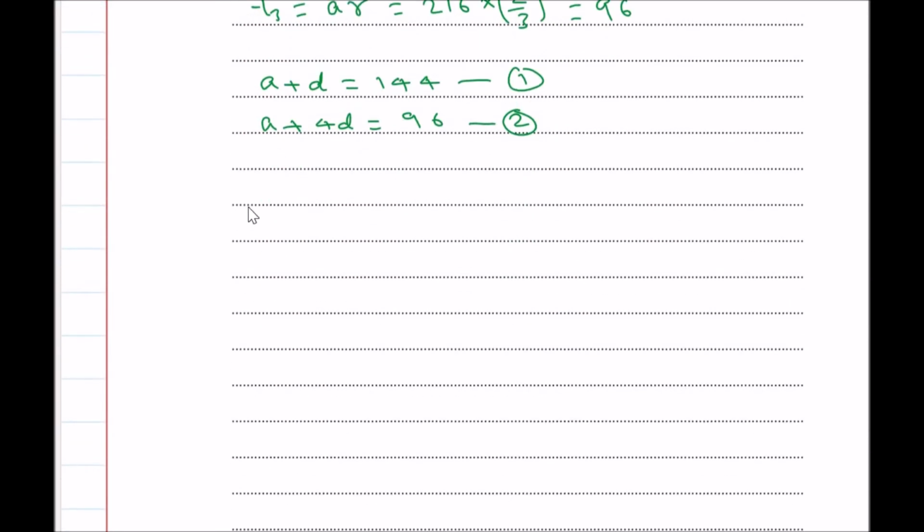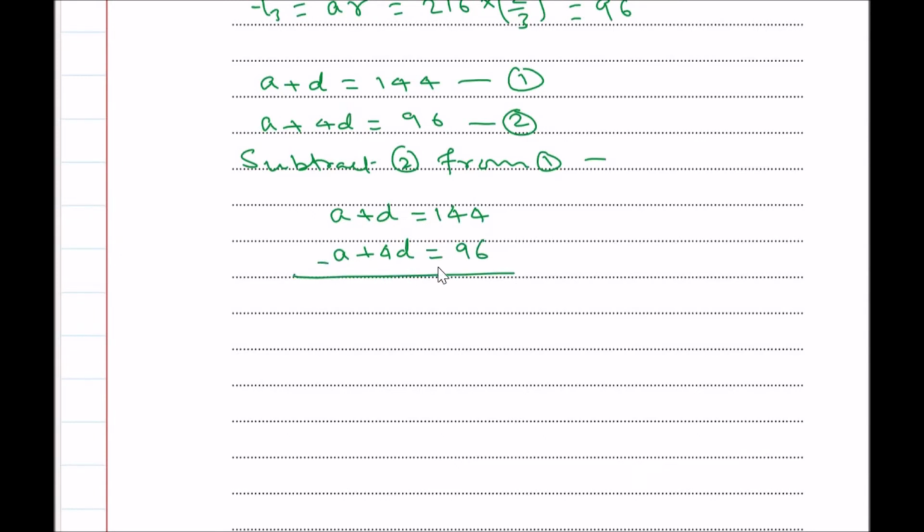So if I subtract equation 2 from 1, what we are getting: A plus D is equal to 144, and A plus 4D is equal to 96. Subtracting, A and A cancel out.